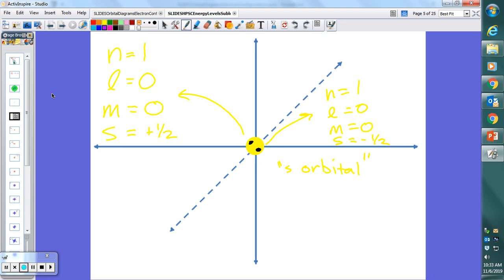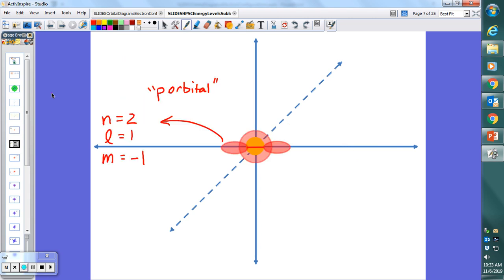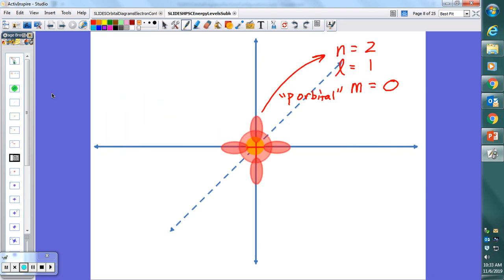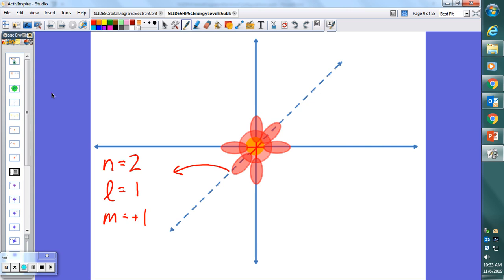What's true about the quantum numbers of this one, and this one? Or when we went through, what did we find about the quantum numbers? So, the first 2 are the same, because they're in the same energy level and they're the same shape. So if the first 2 are the same, we have to have a way to tell them apart from one another, and that's where the magnetic quantum number comes in.